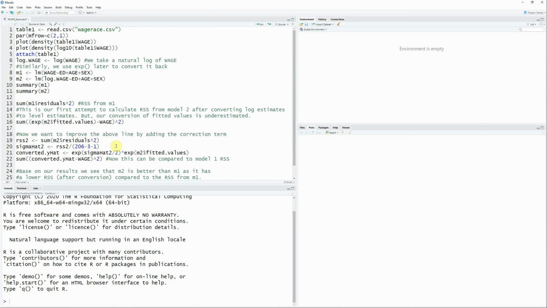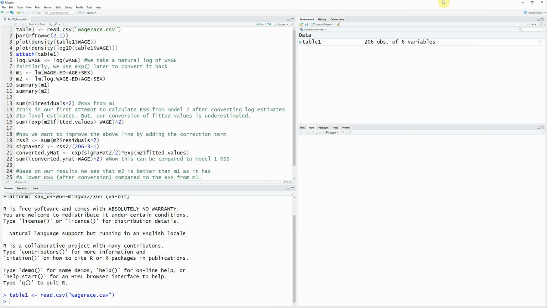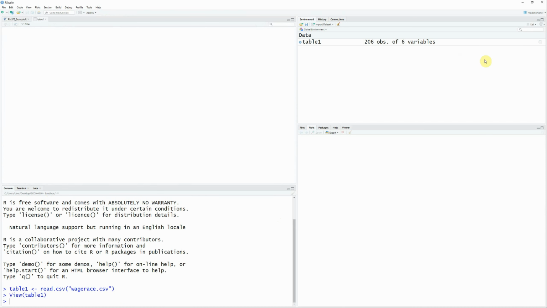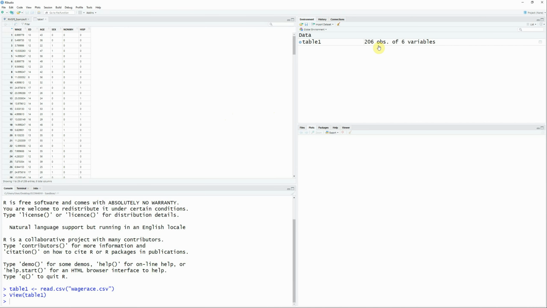As you remember, let's read this data set. We had a data set of 206 observations, and we had wage, education, age, gender, and a couple of race variables.